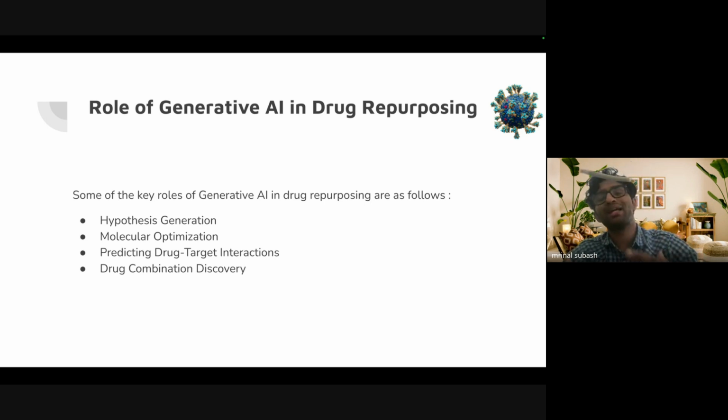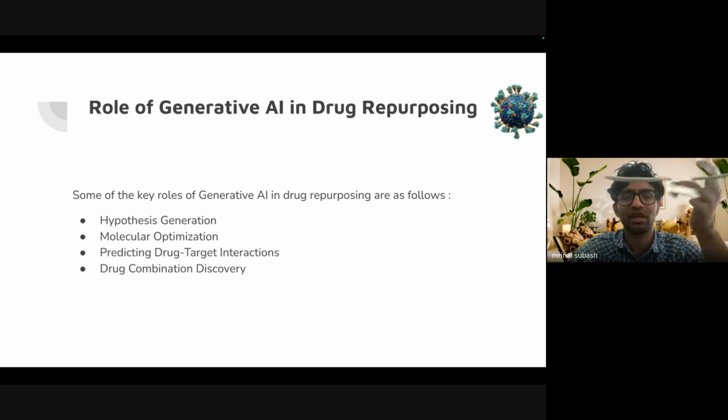So, like in the backend of a certain generative AI model, there are neural nets, and there is a method called RLHF, reinforcement learning through human feedback. And so, as the AI learns from various text and prompts, it is able to zero down on which drug will affect a certain disease target.